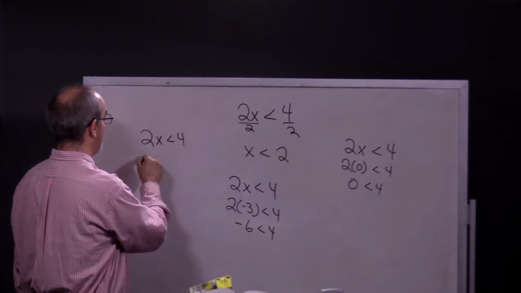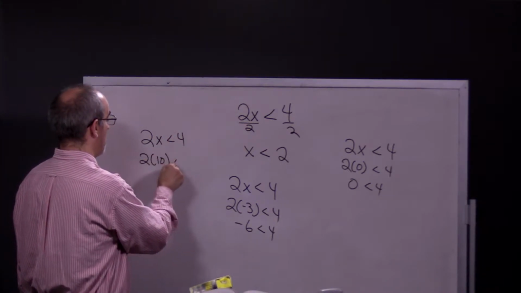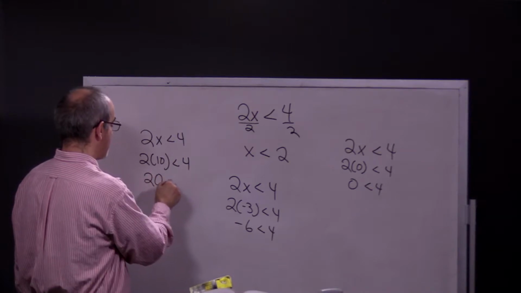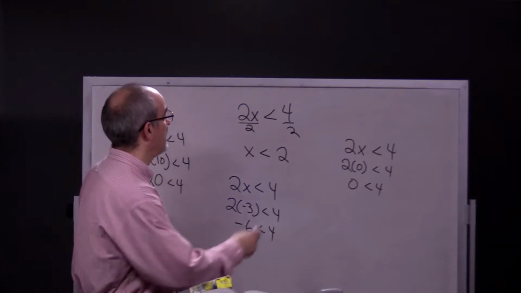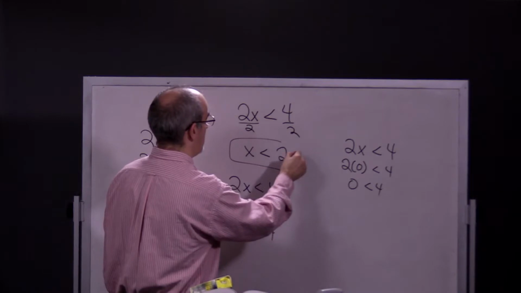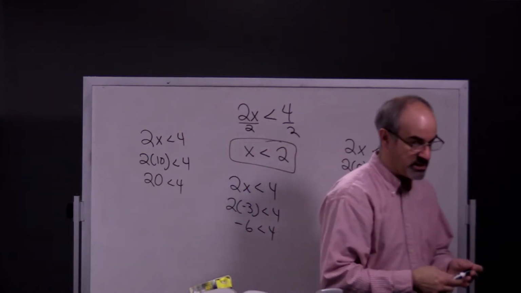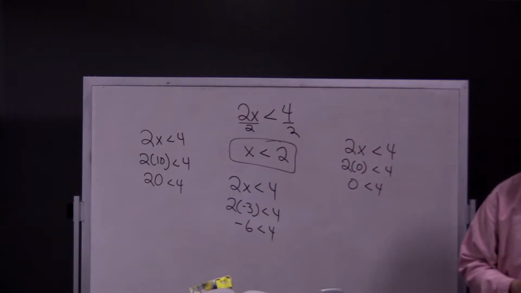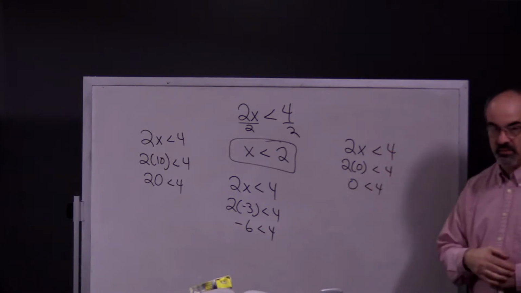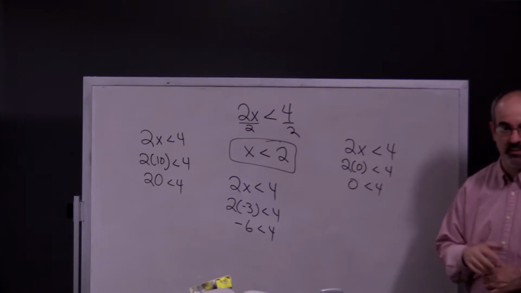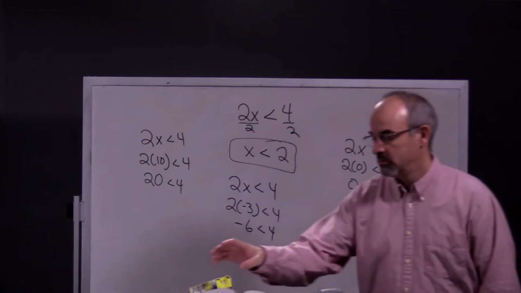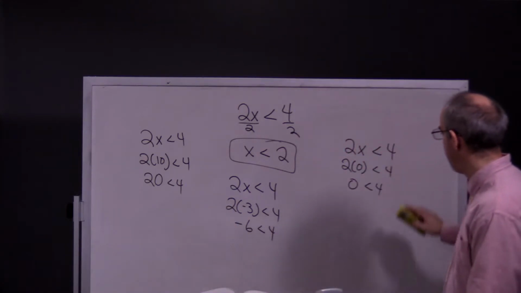Let's try 10. 20 is less than 4. No, that does not work. That leads me to believe that the answer is x is less than 2. In other words, the answer to that inequality is any number less than 2 will work, or satisfies the condition.